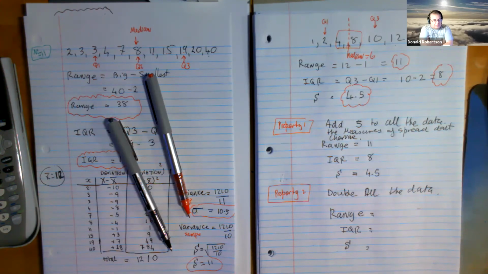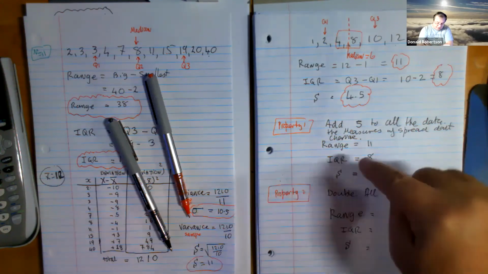If you double all the data, what do you think happens to the range, the interquartile range, and the standard deviation? Would the spread still be the same?